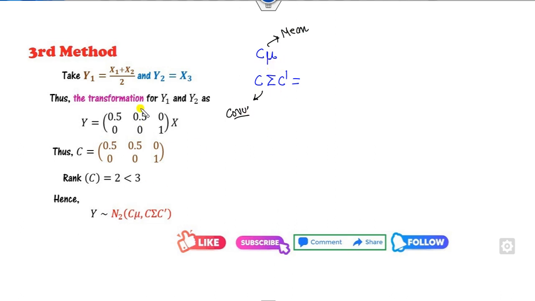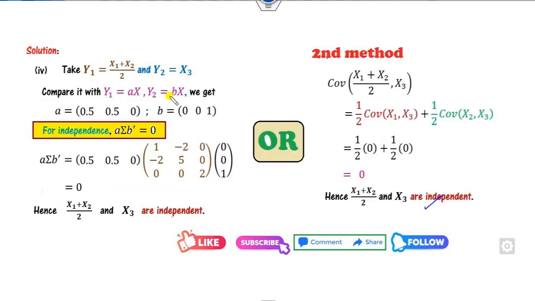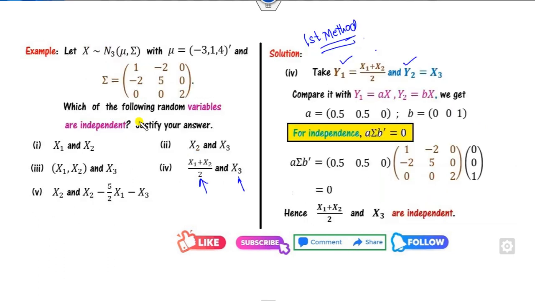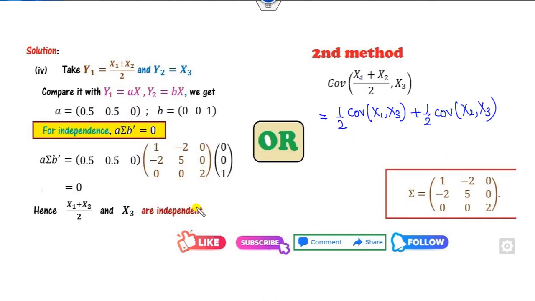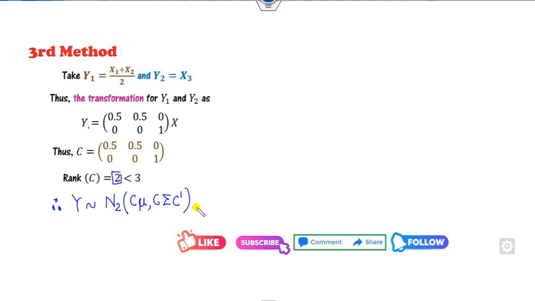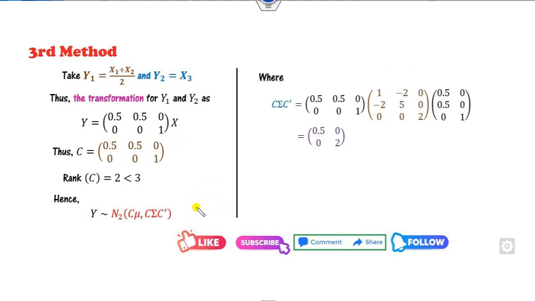Mu is the mean of x, and the mean of x is given to you in the statement. This is my mean and this is my sigma. I can substitute these values here. You will get this as my covariance matrix. Now you can see the covariance of y, that is y1 and y2. What is the covariance of y1 and y2? This is y1, this is y2.